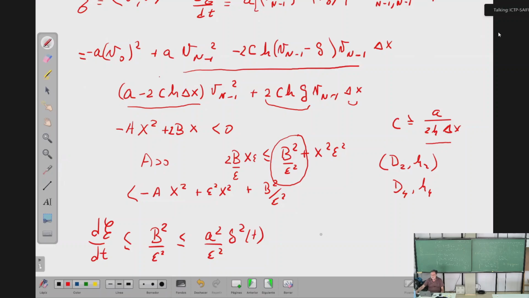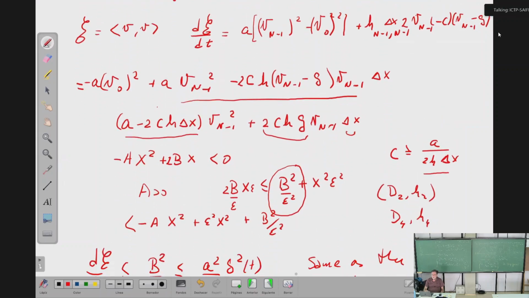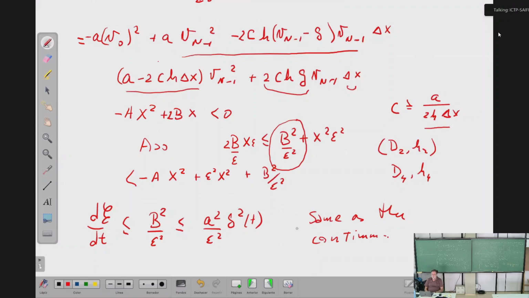So you get the same estimate as the continuum. And this method is very stable, very strong, so you don't break it very easily.